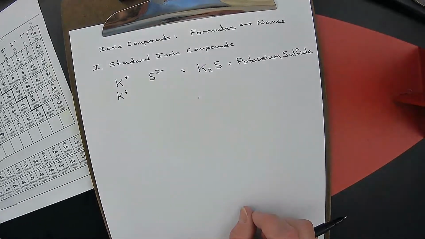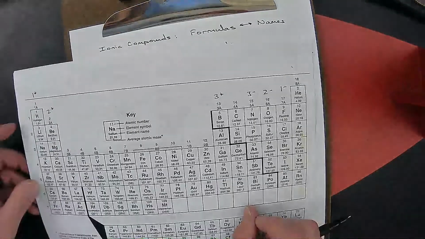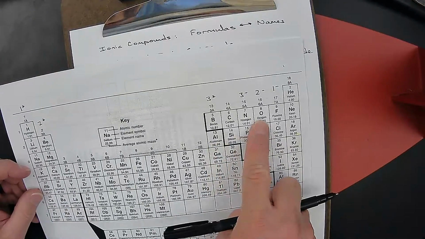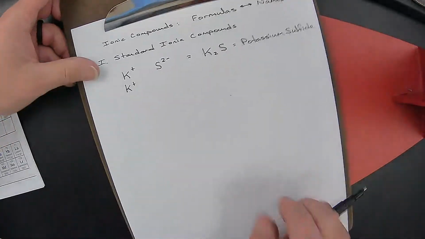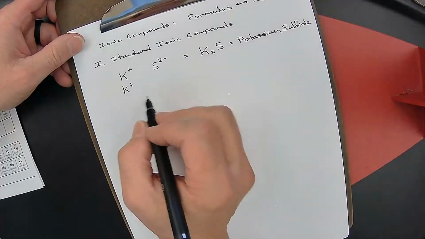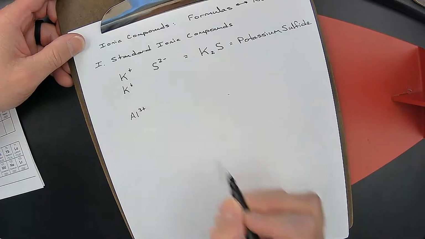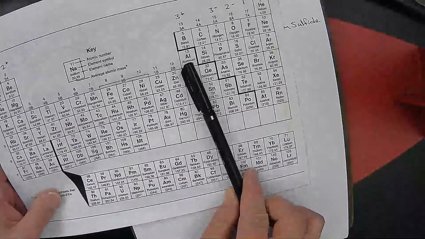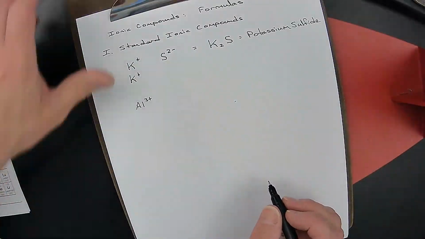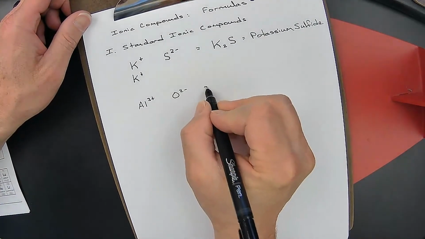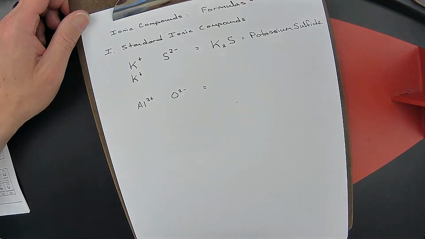ionic compound. If we looked at aluminum and oxygen, aluminum is a 3+, column 3A, and oxygen is an O with a 2- because of column 6A.